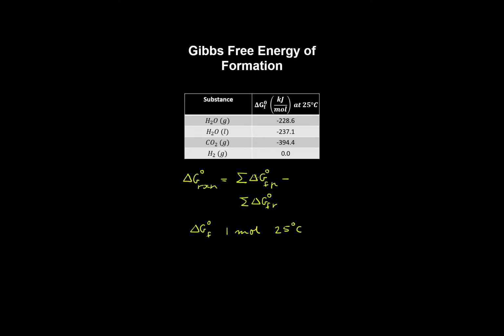So given a chemical reaction, we simply subtract the free energy change of formation of the reactants from the free energy change of formation of the products. And these are already given in tables. So the energy of formation of molecules like hydrogen gas is 0 because they already exist in their standard state. And it doesn't take energy to form hydrogen gas from its constituent elements.